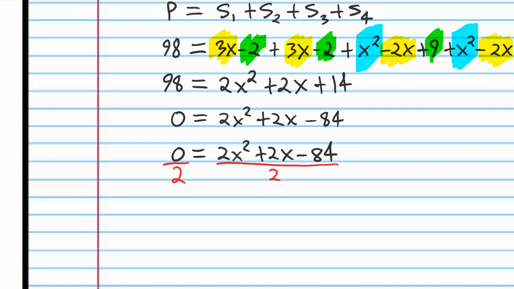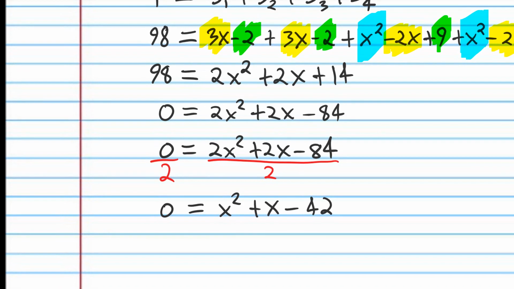You just divide each term. First of all, 0 divided by 2 is just going to be 0, so that's not going to change. But then we do 2x squared divided by 2, which is just x squared, and 2x divided by 2, which is x, and 84 divided by 2, which is 42. You can do that on the calculator if you want, but that's a pretty easy calculation.